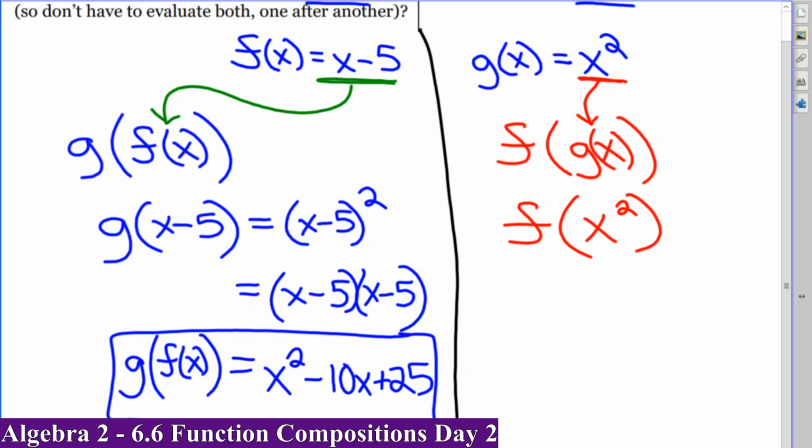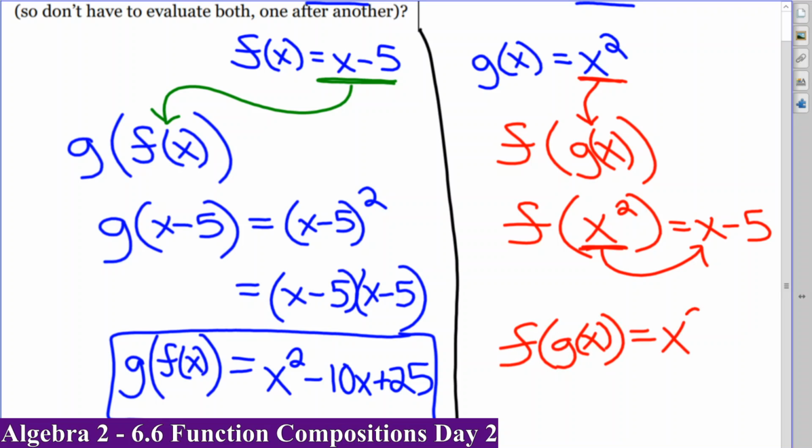And remember, our formula is x minus 5. We're going to be taking this x squared, substituting it in for x. So we get f of g of x equal to x squared minus 5.